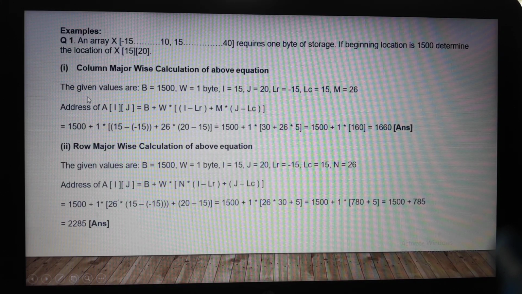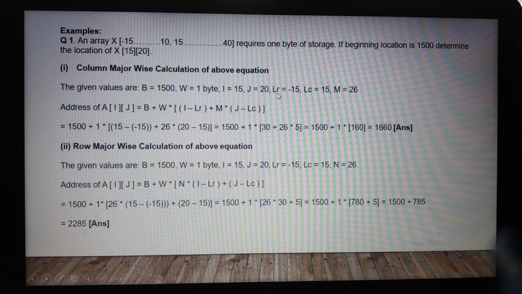So here we have given two examples. Suppose an array x is equal to minus 15 to 10, 15 to 40, requires 1 byte of storage, so the width is given as 1 byte. The beginning location is 1500, that's the base. Determine the location of x 15, 20. In column measure, if we go, the base is 1500, w is as mentioned 1 byte, i is 15, j is 20, that is already mentioned in the question.